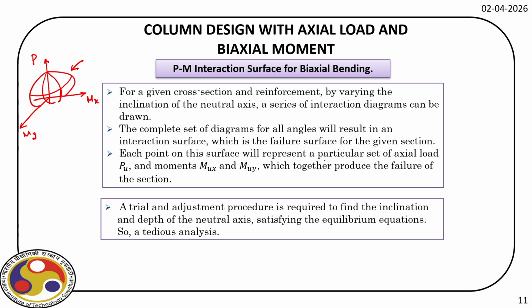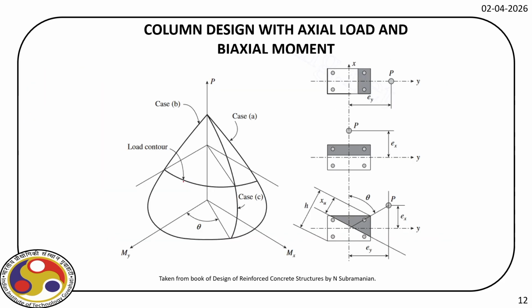Each point on this surface represents a particular set of axial load Pu and moment about two orthogonal axes, which together produces the failure of the section. Here is the surface, as you can see. So, we have three different extremes. We have case A, where we have only moment about x-axis, as you can see here.